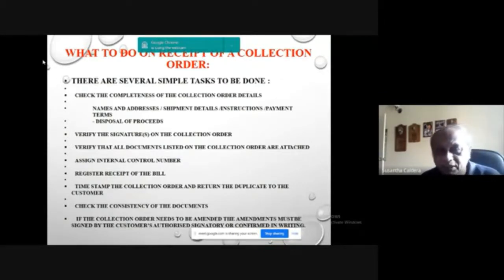If the collection order needs to be amended, the amendments must be signed by the customer's authorized signatory or confirmed in writing. No over the phone. Don't take it. If the guy who is handling the company's collection desk, even if you are so close to him, says, Machang, can you change it like this, Machang?